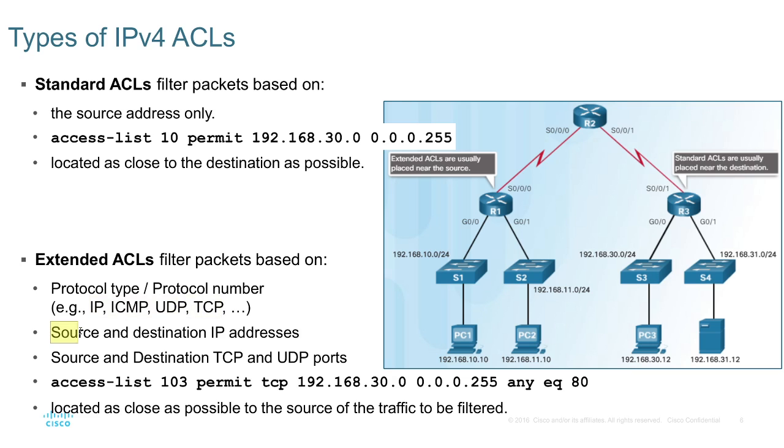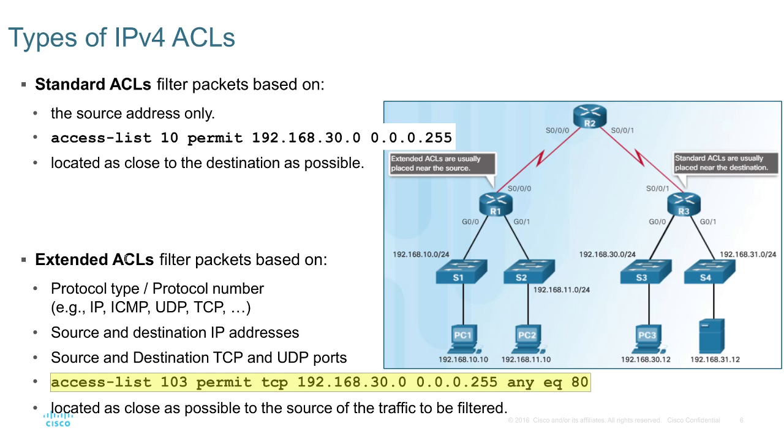We are also looking at source and destination IP addresses, not just the source, and also the services or the ports we are trying to access. So we consider source and destination ports. Here, for example, an access control entry could state TCP, the network identifier, and then we can also specify services and ports there.